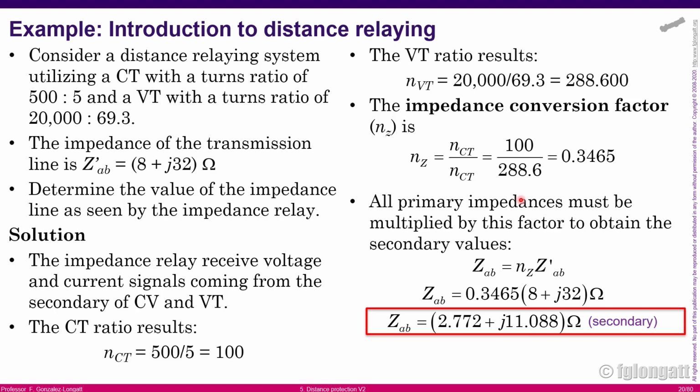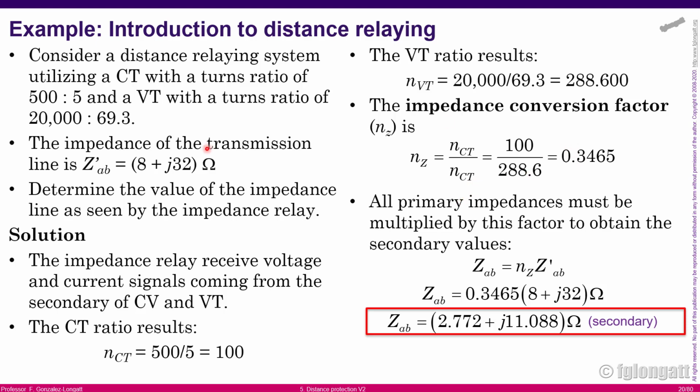Here you can see that is the impedance conversion factor: dividing 100 by 289, we obtain 0.34. That is the impedance conversion factor.